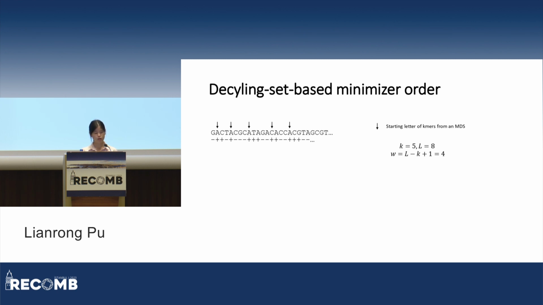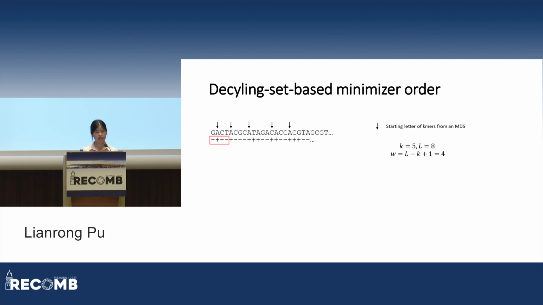And note that if a positive k-mer is after a negative k-mer in this sequence, it must also be after a negative k-mer in the pure cycle containing the k-mer. So according to Lemma 1, it must come from the minimum decycling set because it's the first positive rotation in the pure cycle. In this way, it's easy to get the 5 positive k-mers that come right after a negative k-mer from the minimum decycling set.